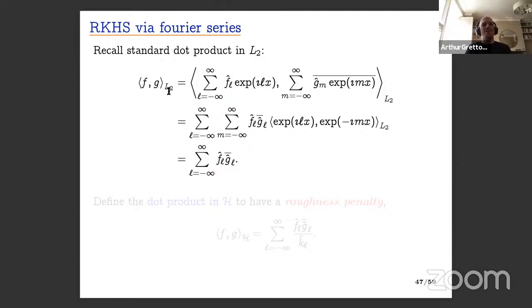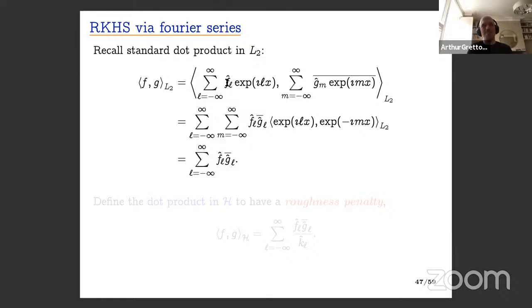Okay, so just as either a reminder or introduction, if I have two functions and they have a Fourier series representation, then I can take their dot product. So here is a function f dot product with a function g. Now I've specified that my functions have a Fourier series representation.